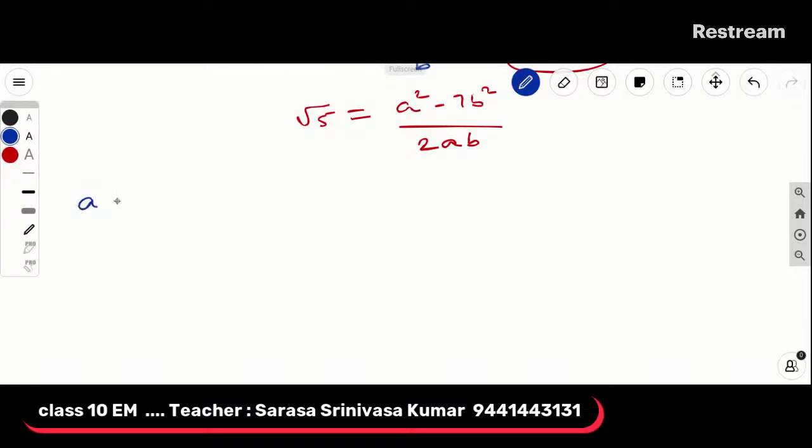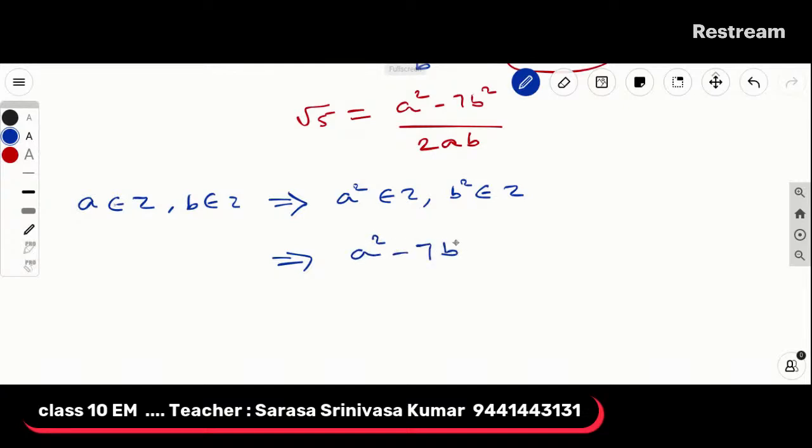Here a is an integer and b is an integer. This implies a square is an integer and also b square is an integer. From this we can write a square minus 7b square is also an integer.